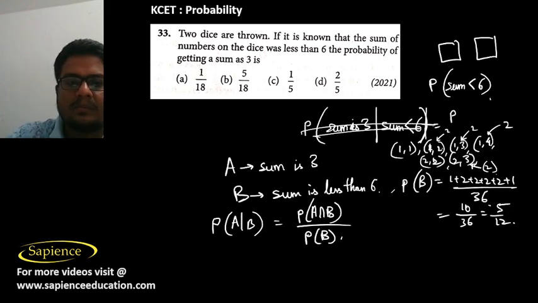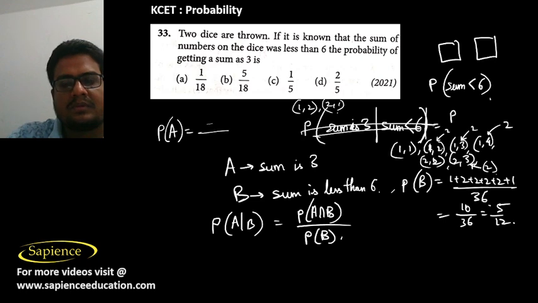And P of A will be equal to the probability that the sum is 3. So how can we get sum as 3? That can be 1 comma 2 and 2 comma 1. So that will be equal to 2 by 36, which is 1 by 18.